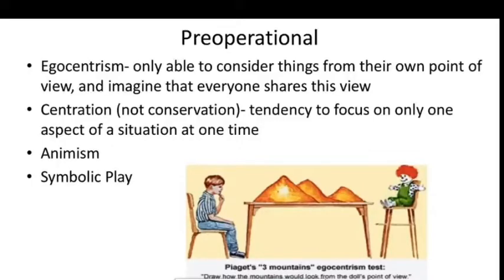So in the concept of egocentrism, the child thinks that whatever it is that he perceives, whatever he sees, this is also true for all of the people. So, what he sees, he feels that other people see the same. So, that's egocentrism. During this pre-operational stage, the child is actually very selfish.